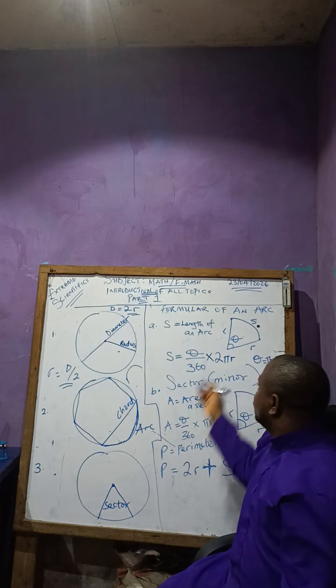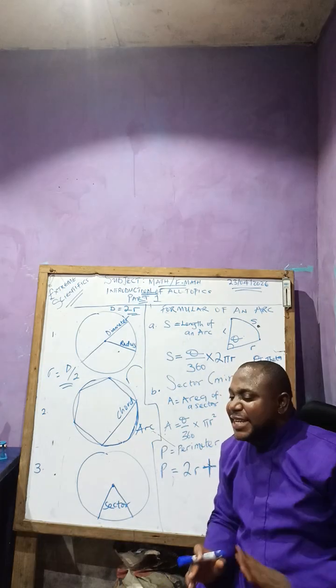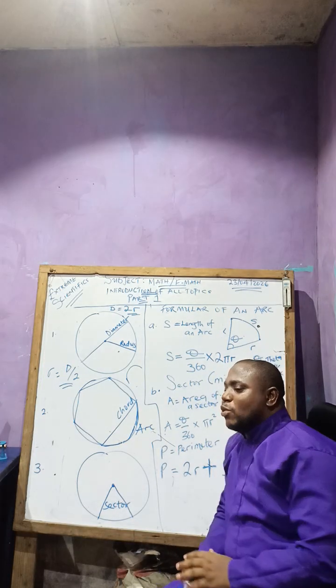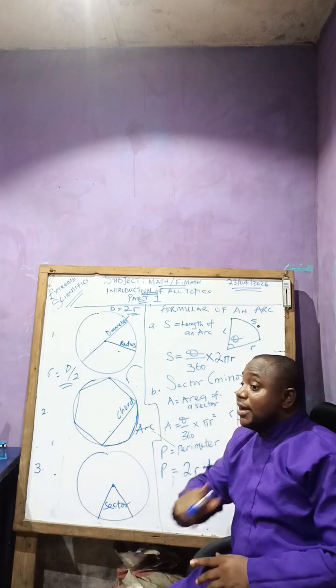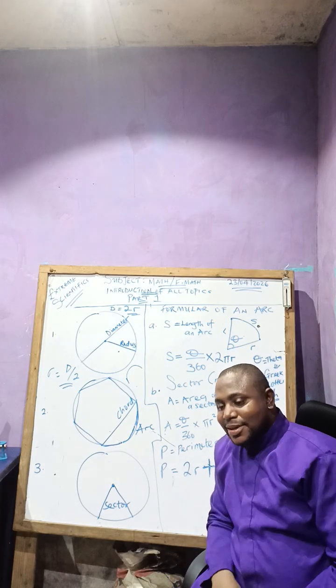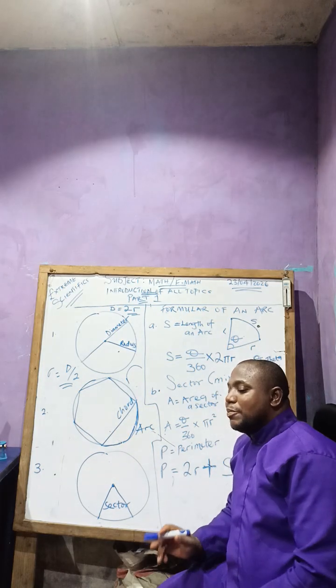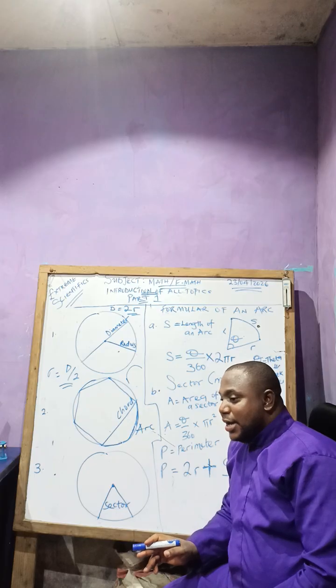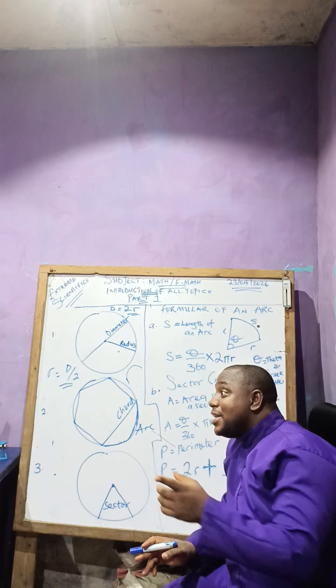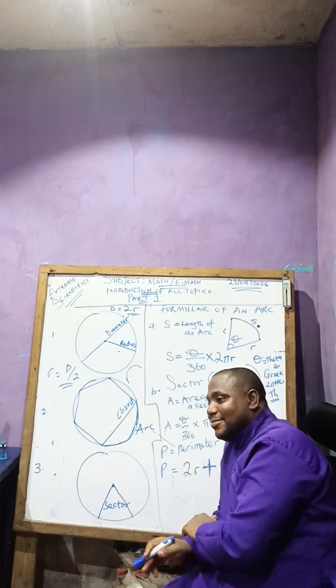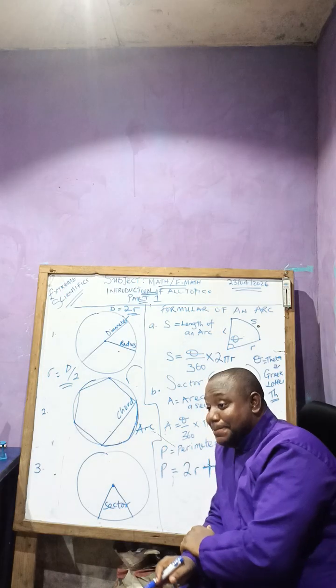That's why we have 22 over 7. In decimal places we have 3.142. It is very long, but they approximate it to 3.142. The number is very, very long.